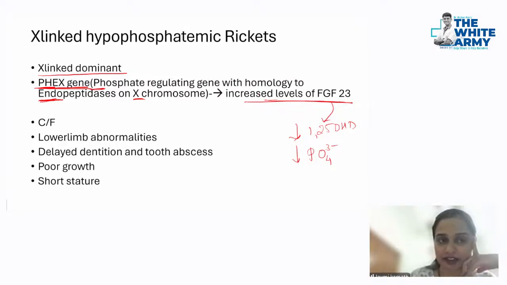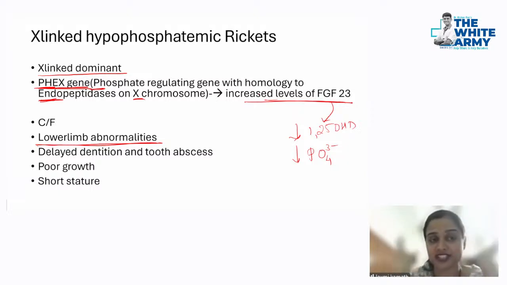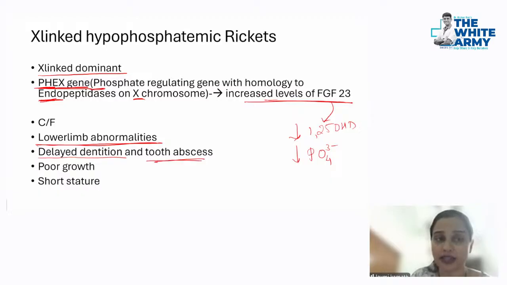It presents around 5 to 10 years of age, more so picked up in adolescents, where they predominantly present with lower limb abnormalities. They have bowing of legs or genu valgum, without widening of the wrist or the head circumference changes that we discussed in the last class. Along with that, they have a history of delayed dentition and repeated tooth abscesses, enamel problems, all of which should caution you towards X-linked hypophosphatemic rickets.